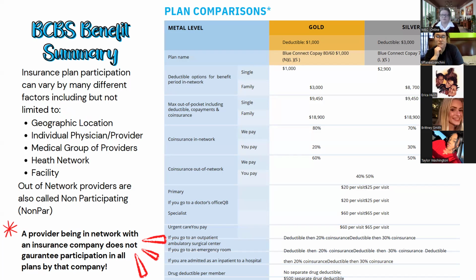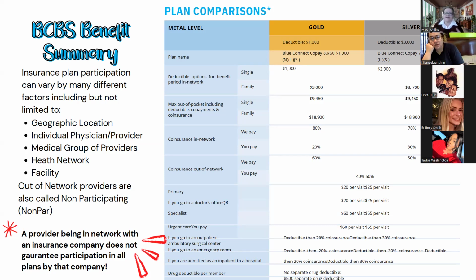Some are so specific, they only cover doctors inside of Shreveport, Louisiana. They only cover Ochsner Hospital in Shreveport. You can't go to LSU and get coverage. Insurance plans get that specific sometimes, okay? So that's something to be aware of when you're looking at your insurance plan. Find out what all of those limitations on your coverages are, and that's something that you can explain to patients too.